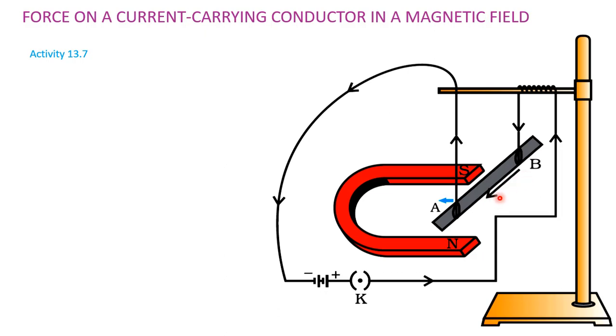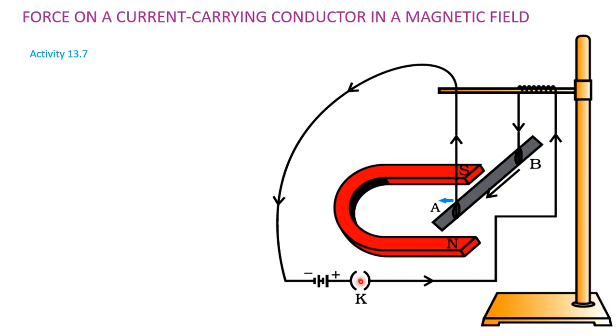This is kept between the north and south pole of a horseshoe magnet, and this is freely hanging. Remember that. This rod AB, the current carrying conductor, is connected with wire to a cell or battery, and it is attached to the stand.